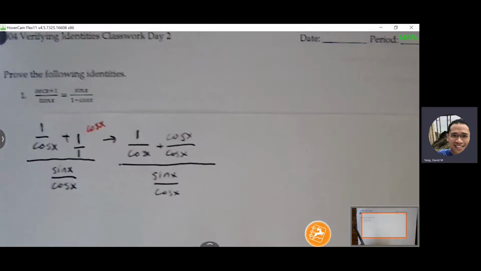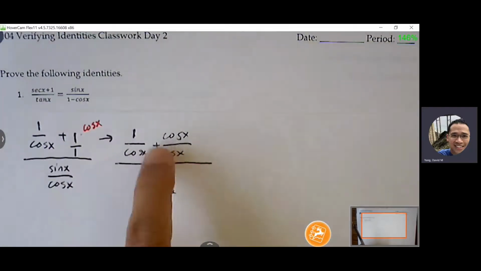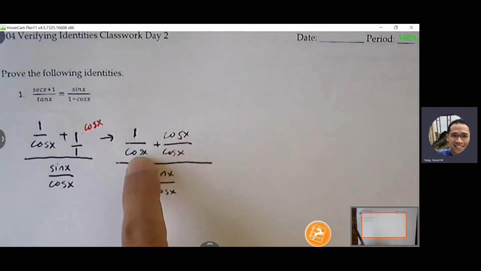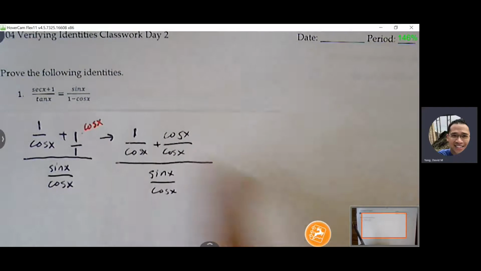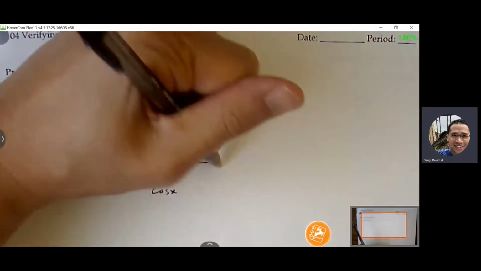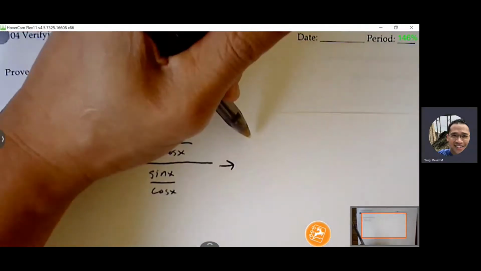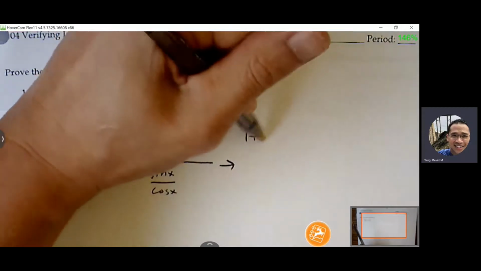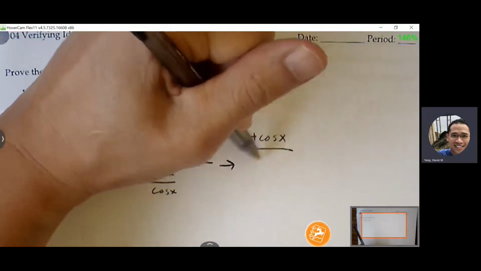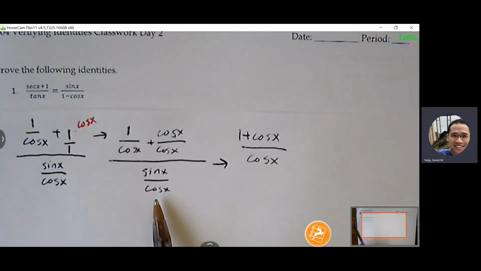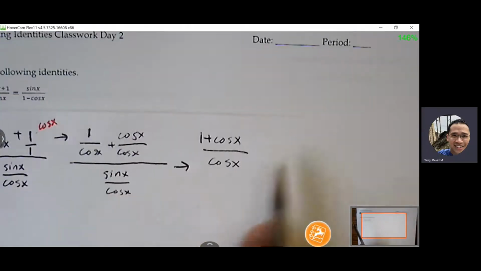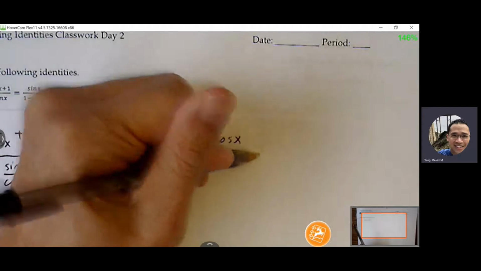Sine x over cosine x. We are making progress because we have a common denominator, which means we can merge these together, and then we can have an easier time bringing this up and canceling things out. So I do one final merging here, 1 plus cosine of x over cosine. Dividing by a fraction is the same thing as multiplying by the reciprocal, so I'll bring the reciprocal up.